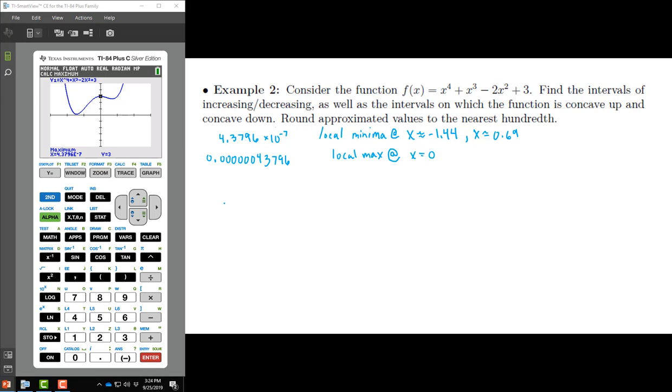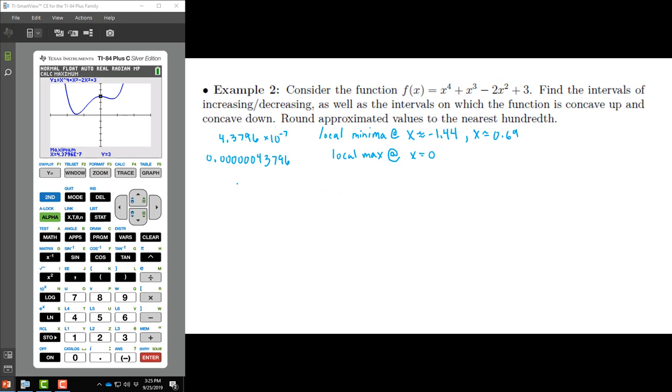So if we go over to our graph here, from an x value of way over here, negative infinity, up to this x value of our first local minimum, we are decreasing.